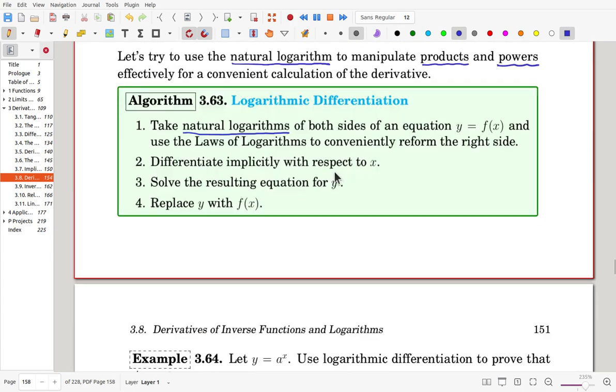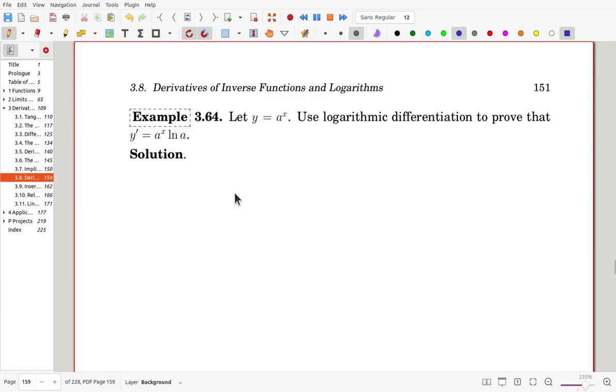Okay, we'll prove that, and start with this one. Even though it is given f of x equals a to the x, you start by writing y equals a to the x. Like when you try to find the inverse of a function, f of x is given, you start with y equals f of x, then solve for x and exchange x and y.